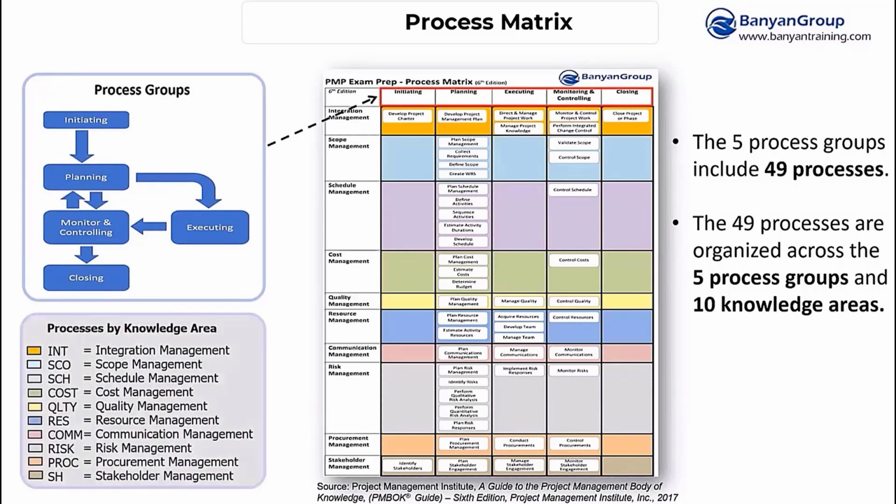And they're also organized by what we call knowledge areas. The knowledge areas are also listed on the left side of this diagram. So there are 10 knowledge areas, there are 5 process groups, and the 49 processes are spread out across these processes and knowledge areas. So every process is aligned with one process group and one knowledge area.